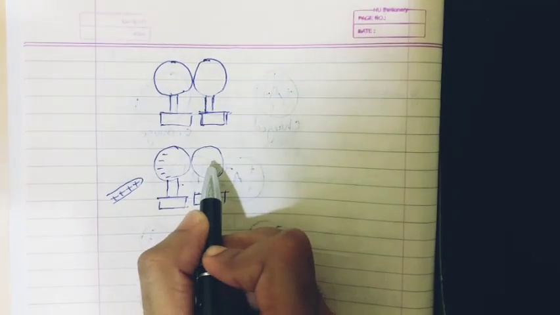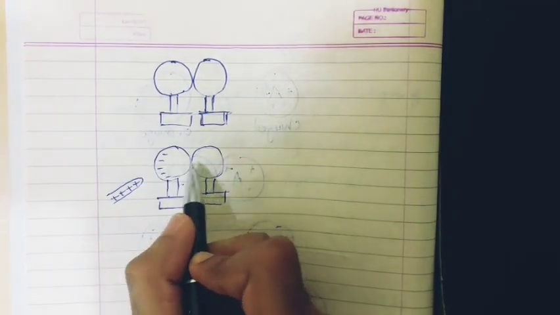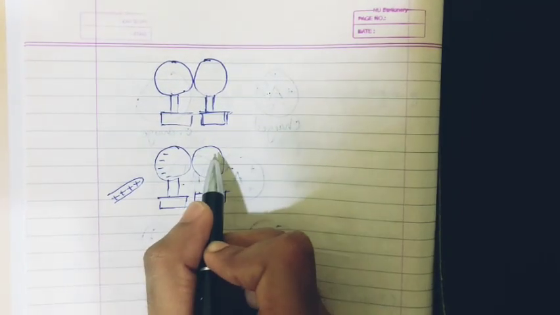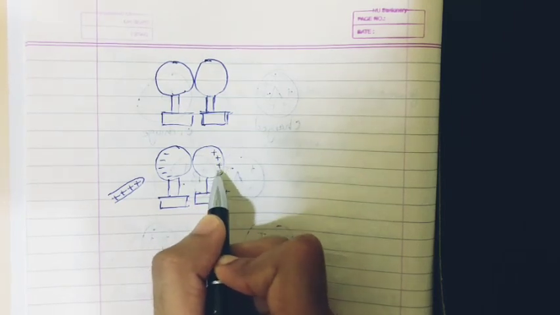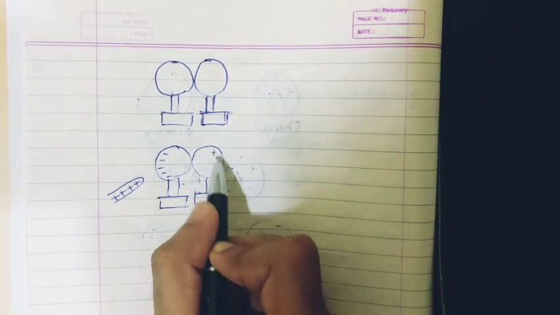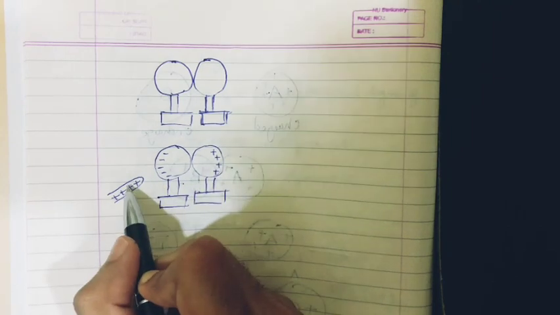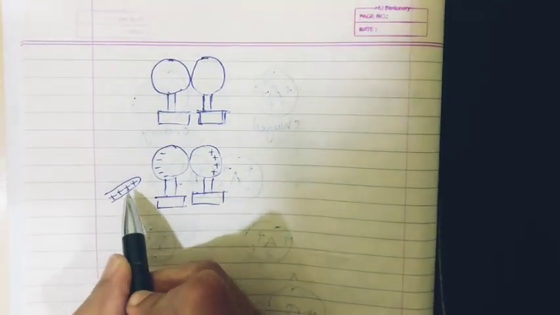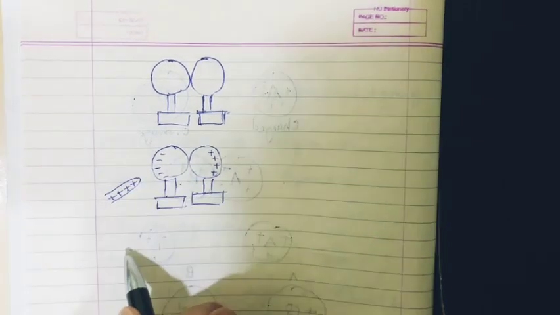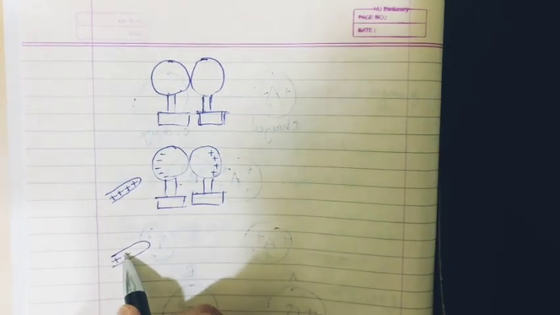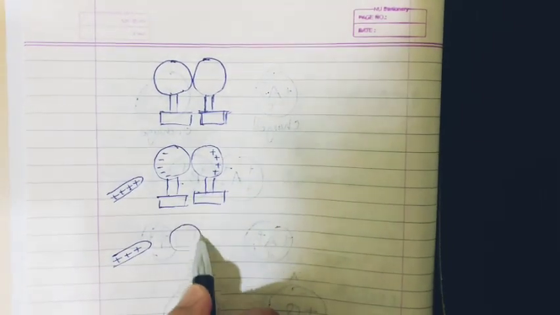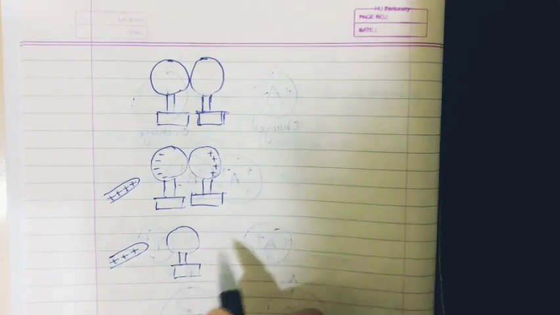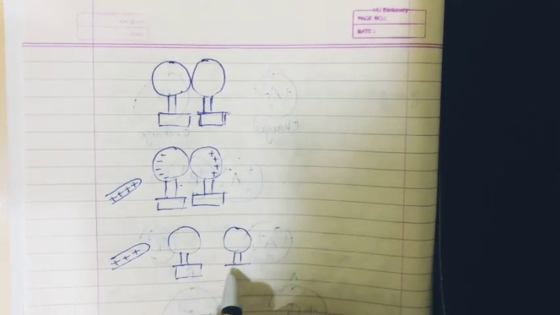Since the electrons traveled from here to here and left their place, a positive charge is generated. So all the positive charges accumulate on the farther surface from the rod. Next, keeping the rod intact, you have to space the two spheres apart. So I develop a space between them.